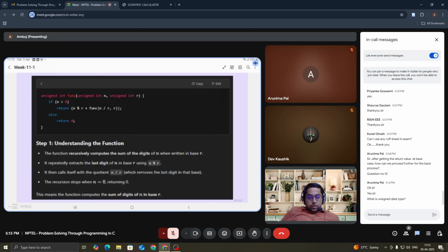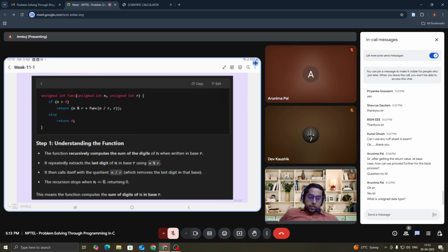See it once again. What is unsigned data type? By default, when you declare a variable as int a, 4 bytes will be reserved, but one bit would be kept separate for storing the sign. Unsigned int means there would be no sign.